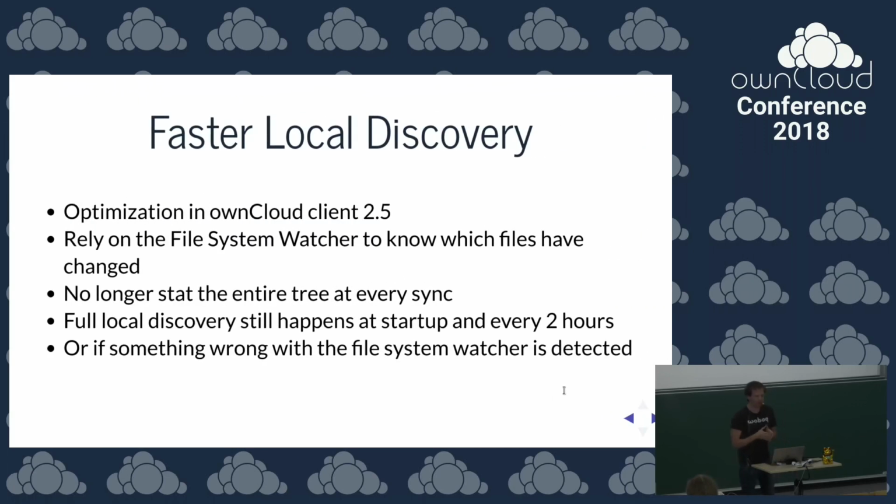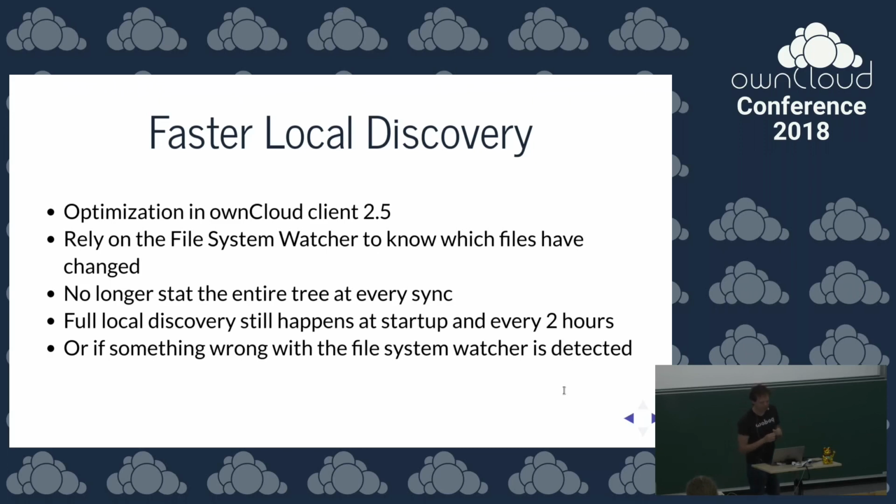So one of the changes in the sync protocol is that it now does a faster local discovery. Before, we were browsing the whole tree and statting all your files to find out if any of those files had changed, and this might take a long time. So when you modify one file, one picture you want to see uploaded, first the client would check all your files and then upload this file.